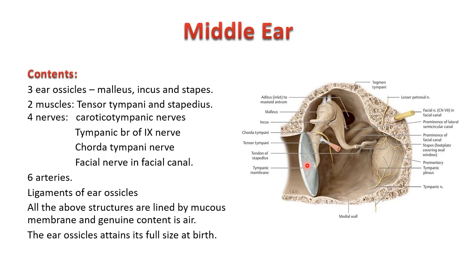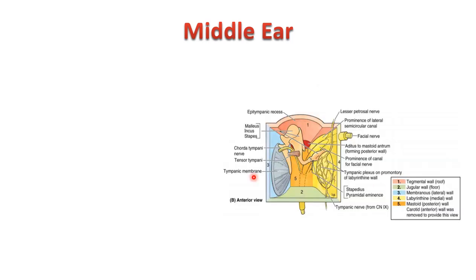So the ear ossicles assume full size at birth. During birth itself, they have attained their adult size. Now coming to the middle ear, this representation is roughly cubicle in shape, which is purely diagrammatic and for the sake of our understanding.